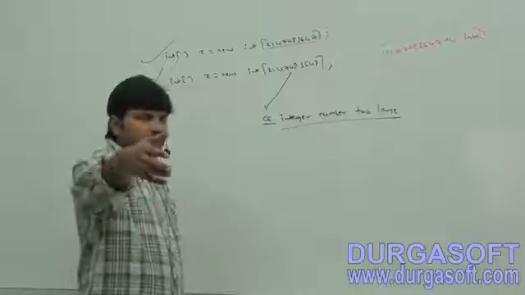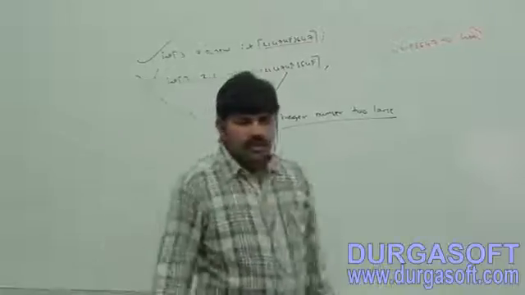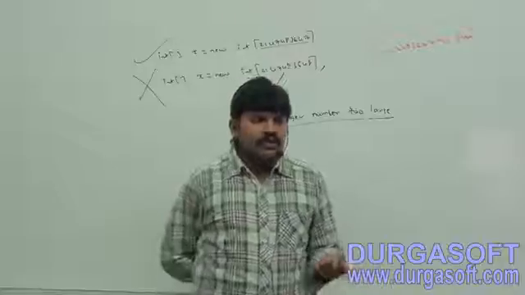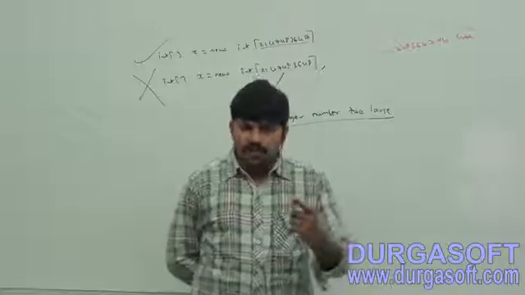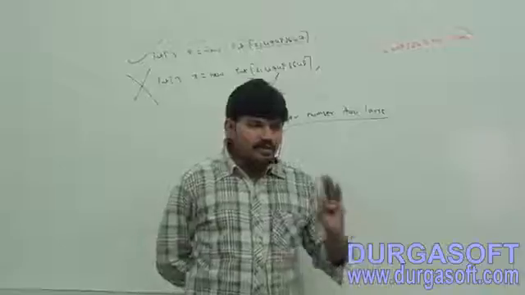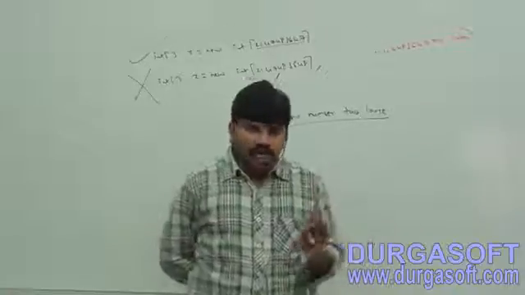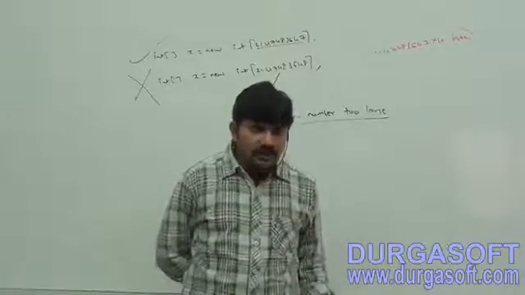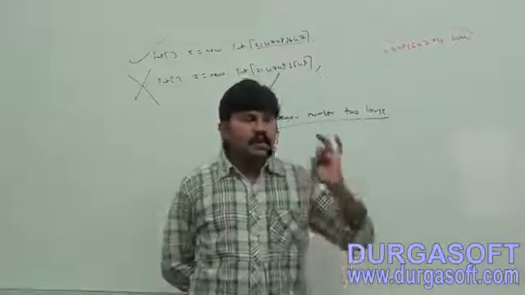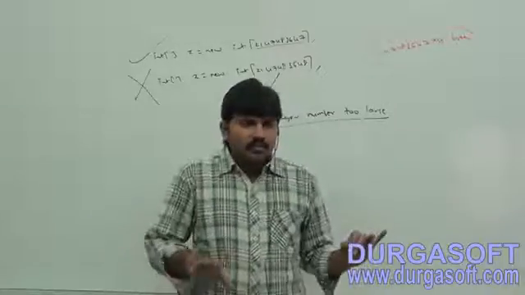Sir, can you spell out what conclusions we covered? There are 4 or 5 conclusions. First, at the time of array creation, we compulsorily should specify the size. Next, it is legal to have an array with 0 size. Next, if you specify a negative int value as the array size, we get a runtime exception, NegativeArraySizeException, but there is no compile time error.